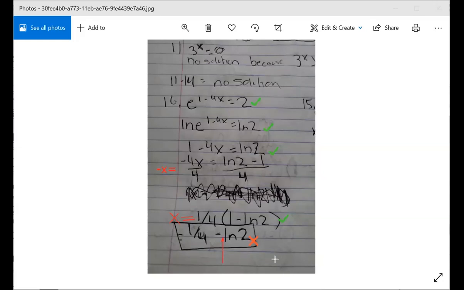You see that, Mikhail? You need to have a quarter in front of ln 2. Otherwise it's a good job. I can see you got the hang of it. Thank you for sharing. I'm going to give you the final correction.